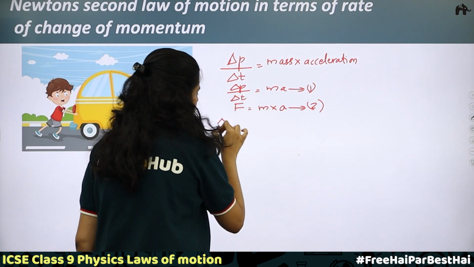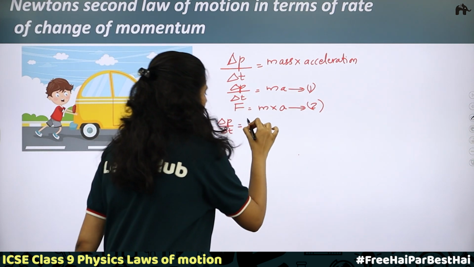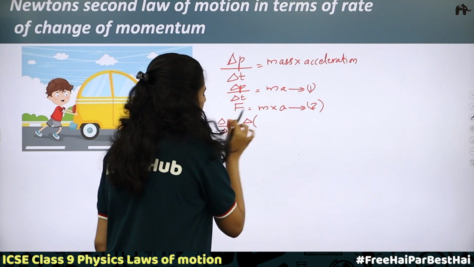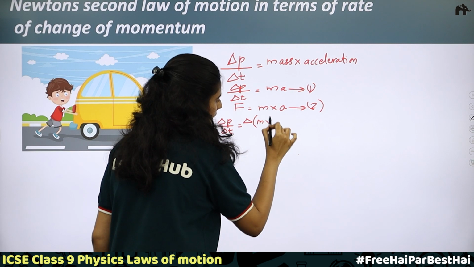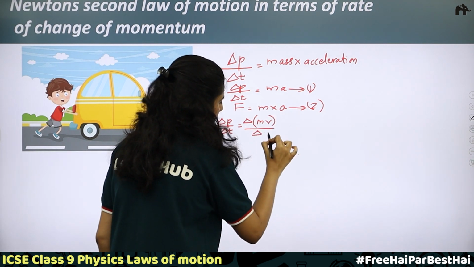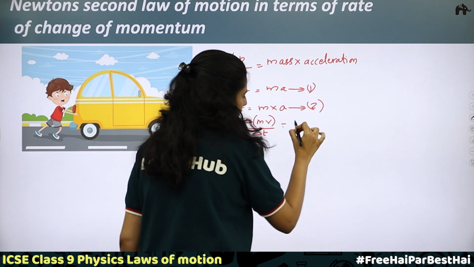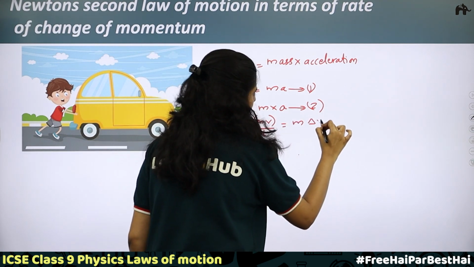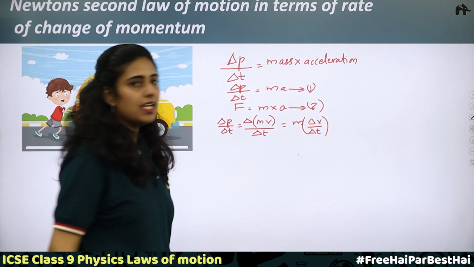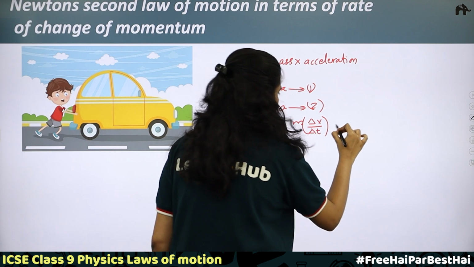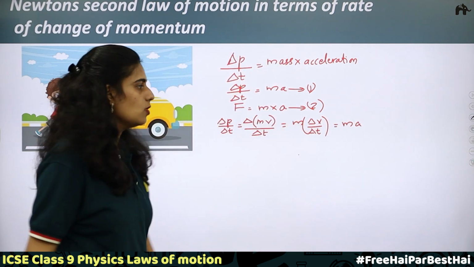We already have delta P by delta T. What is delta P by delta T? It will be equal to delta mv divided by delta T, since momentum is mass into velocity. Now, let us take mass as a constant. In cases where mass is a constant, we can take mass outside, then m delta V by delta T. This is equal to m into a, since delta V by delta T is acceleration.